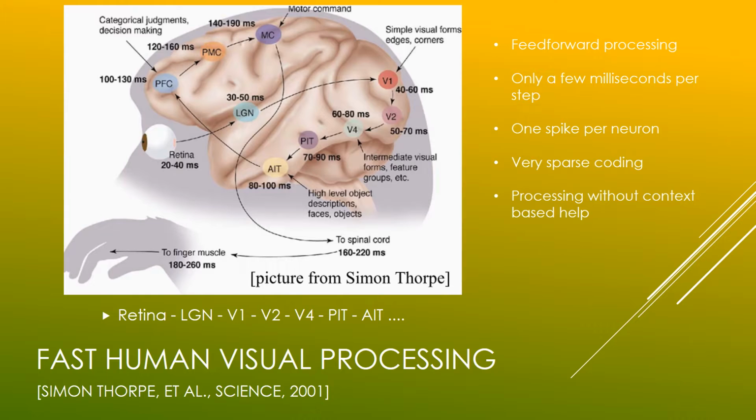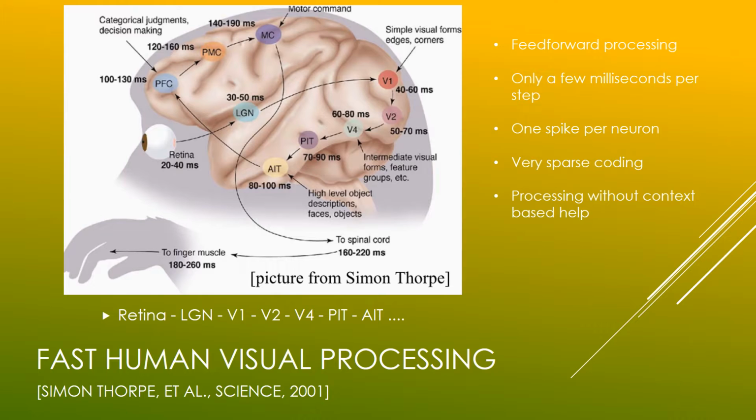So this is an example of how the visual cortex works. First is feed-forward processing, and it's very fast, only a few milliseconds per step. And it's one spike per neuron, so it's very sparse encoding, and the processing is without context-based help.